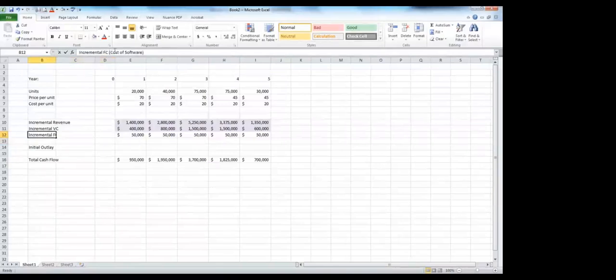Oh, I did that on the wrong one. Sorry, guys. So our initial outlay, cost of software. In year 0, it's going to cost me $2 million.